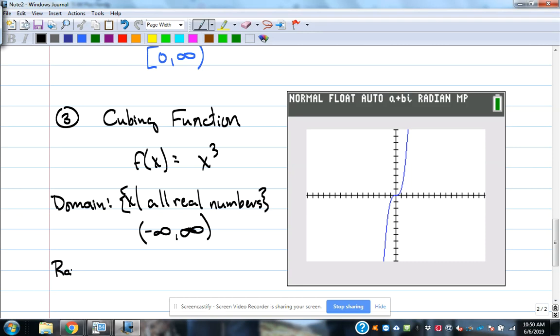The range for this one is all real numbers because on the left side, it's going down continuously all the way to negative infinity in the y direction. So all reals. Again, negative infinity to positive infinity.